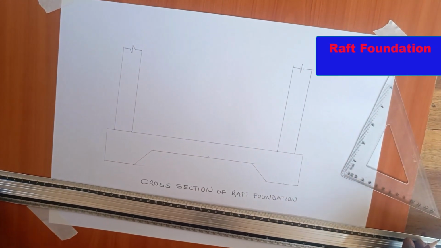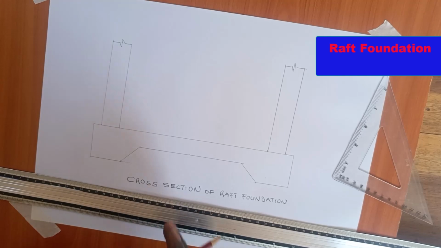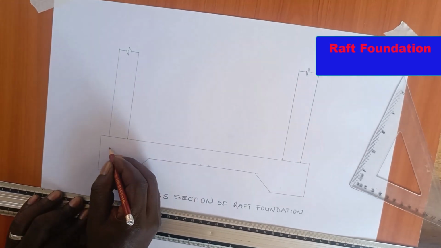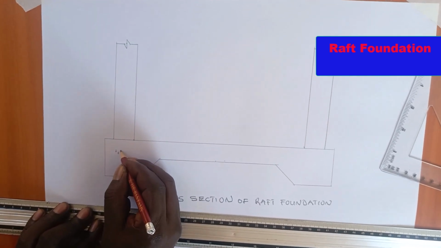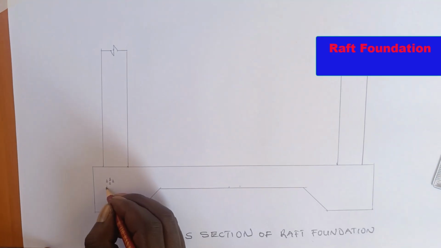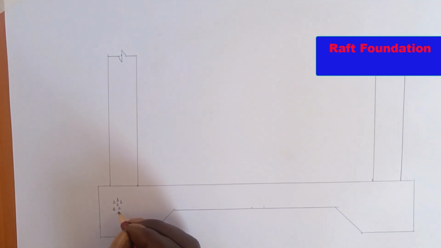But now I'm going to show on the section how the concrete looks. So how do we look at concrete from cross section? This is how we can represent concrete.